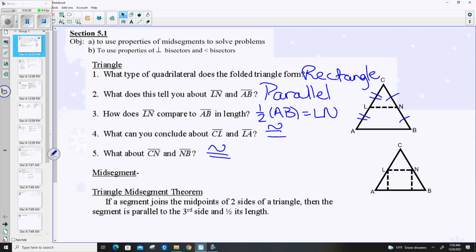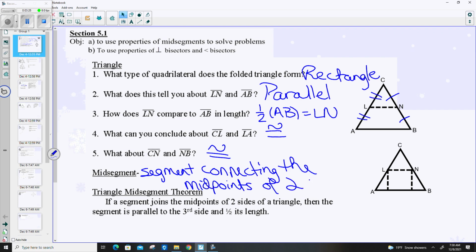Okay, so a mid-segment is a segment connecting the midpoints of 2 sides. So we connect the midpoints of 2 sides, we get a mid-segment.